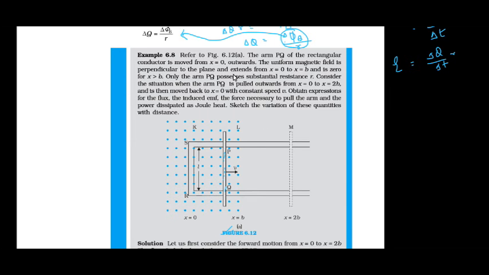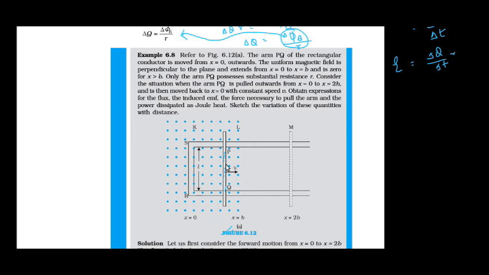The uniform magnetic field perpendicular to the plane extends from x equal to 0 to x equal to b.